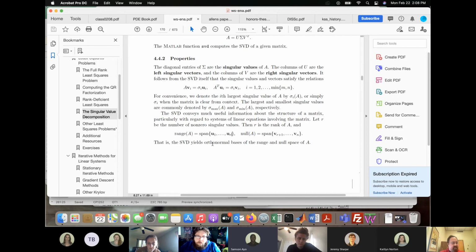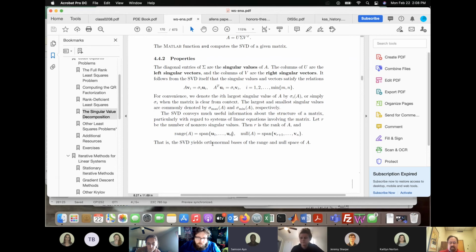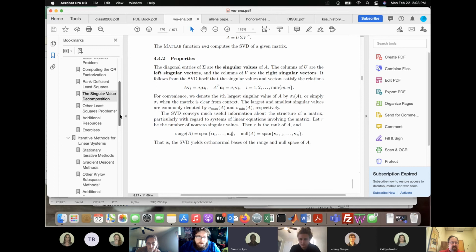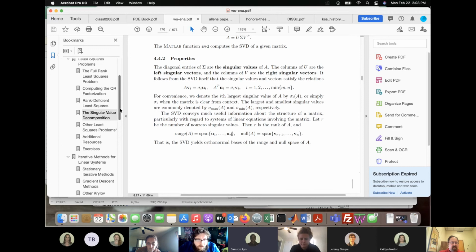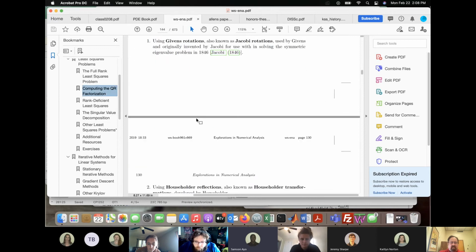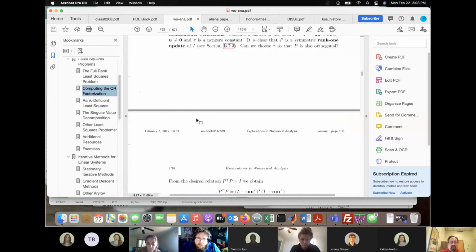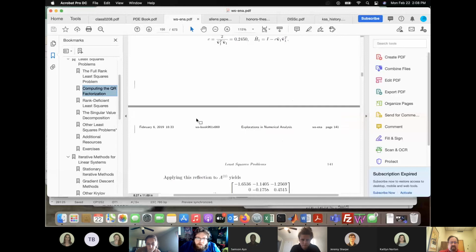So this next question is not a homework question. The Householder reflections. I don't know if there's a problem with the algorithm in the textbook. So Householder QR. Yes.